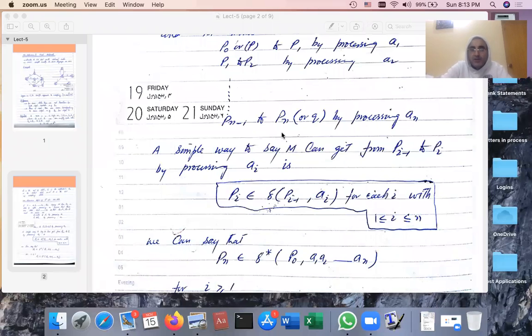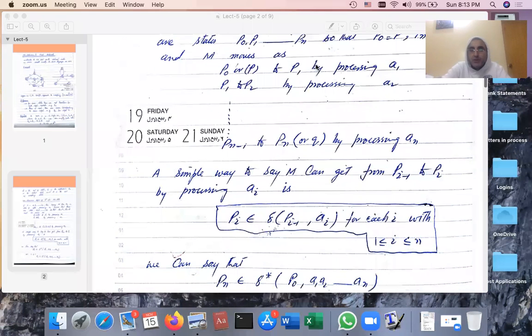So we have seen that from state Pn minus 1, we can reach Pn, which is Q, after processing An. Another simple way to say it is that M can get from Pi minus 1 to Pi.